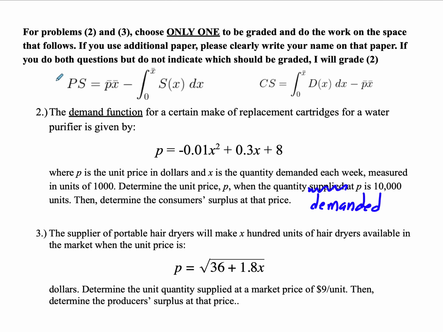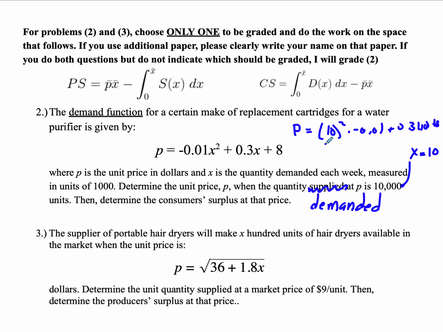Okay. So the quantity demanded is 10,000. That represents an X that's equal to 10 because X represents thousands of units. So 10,000 is represented by 10. If X is 10, what is P? For that, we just plug it in. So 10 squared times -0.01 plus 0.3 times 10 plus 8.